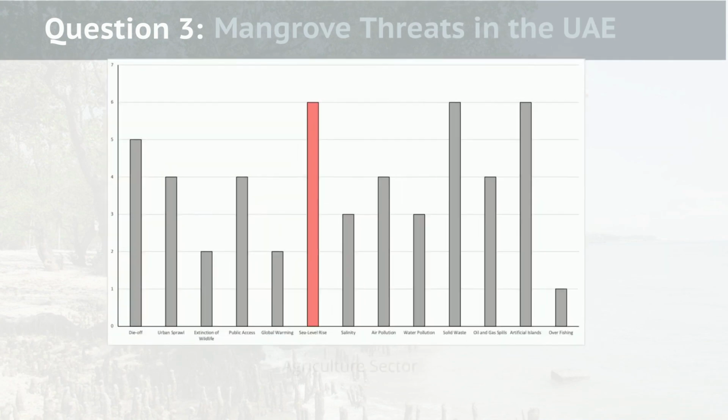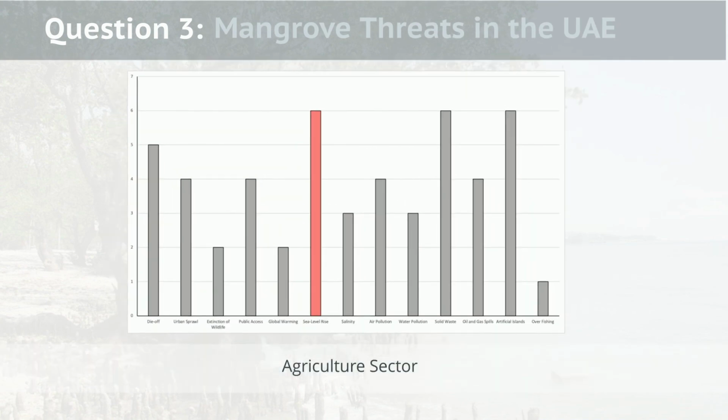It is interesting to note that although sea level rise is a pressing issue as mentioned by Dr. Amin, only representatives from the agriculture industry dominantly chose this option, represented by 60% of them.